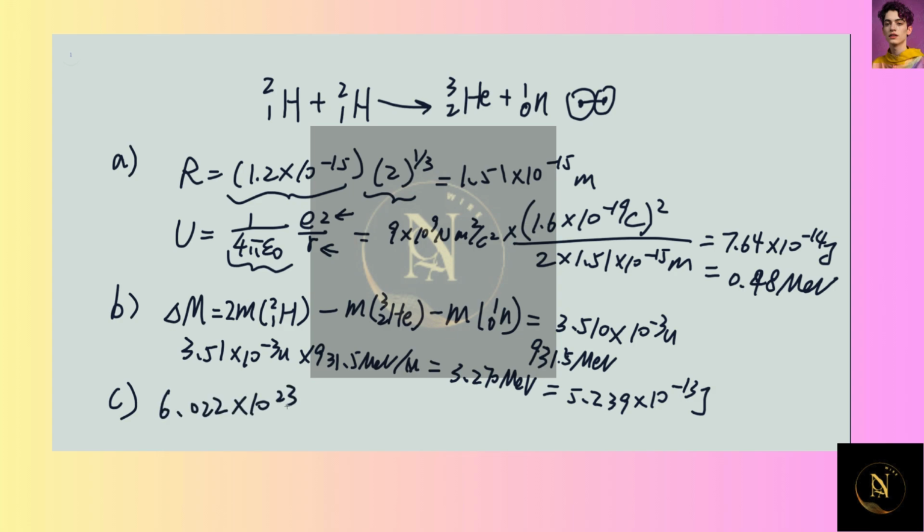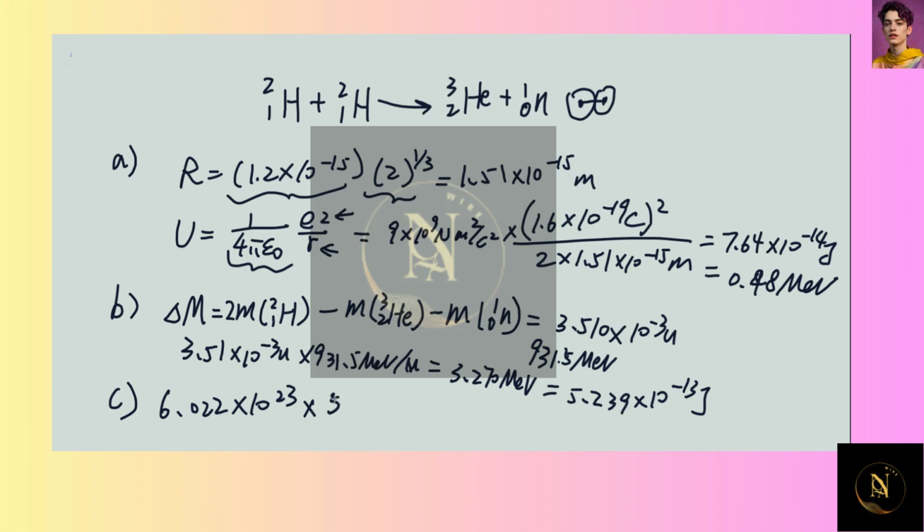For each reaction, we have 2 hydrogen nuclei. Each mole of deuterium has 6.022 times 10 to the 23, Avogadro's constant, that many molecules, and that's the same number of pairs of molecules. So we will have 6.022 times 10 to the 23 reactions for each mole of deuterium, because deuterium has 2 atoms, and then 2 atoms form a reaction.